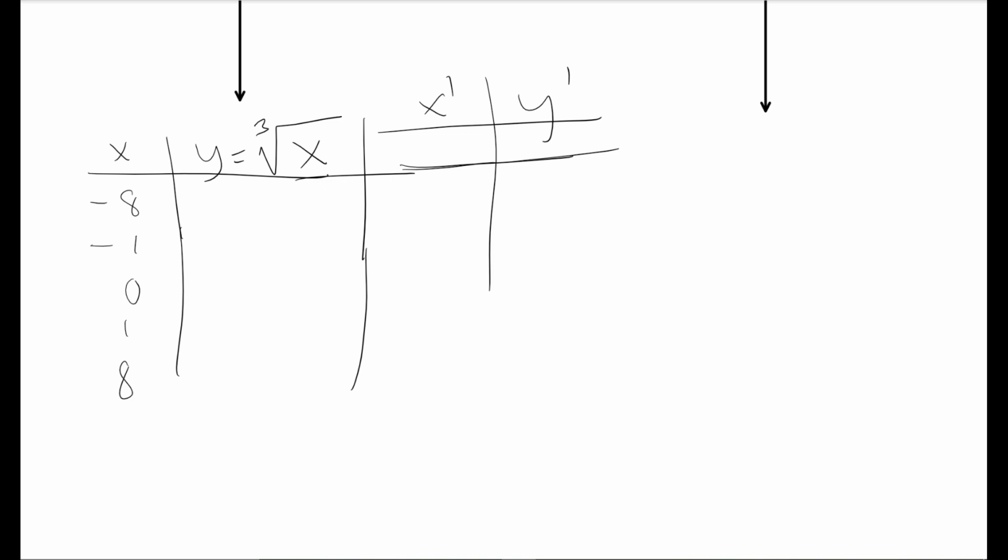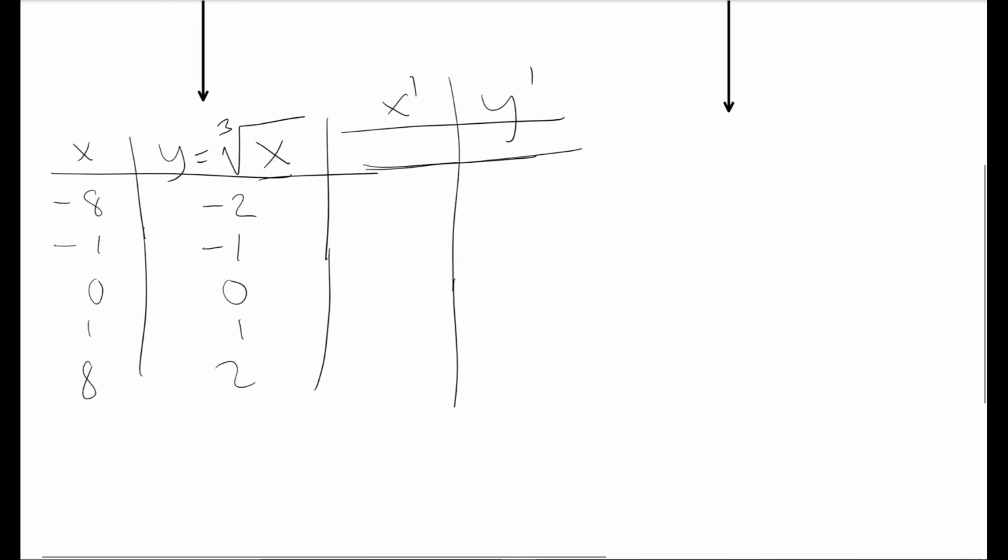We said earlier that when we plug negative 8 into the cube root, that gave us negative 2. If you don't believe me, go back to that slide and you'll see that we had negative 2 there. The cube root of negative 1 is negative 1. The cube root of 0 is 0. The cube root of 1 is 1. And the cube root of 8 is positive 2. Those numbers are going to be the same for any cube root type of function.